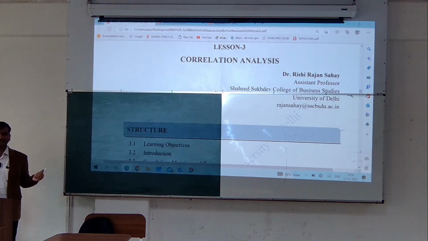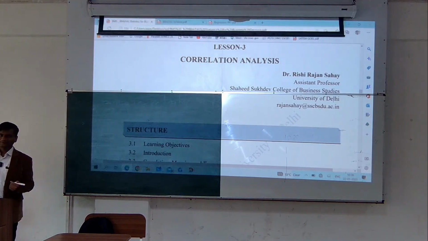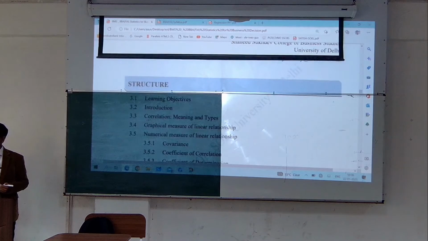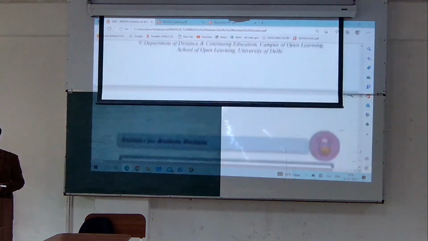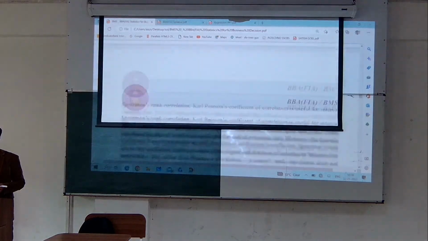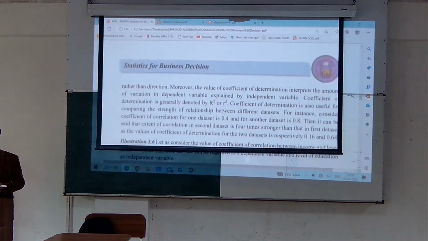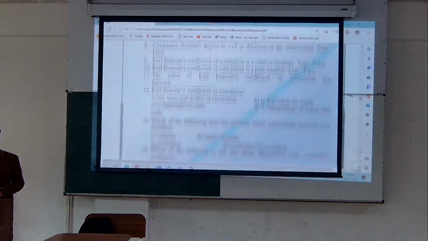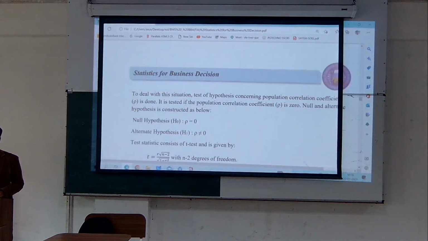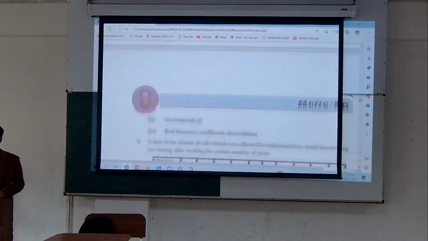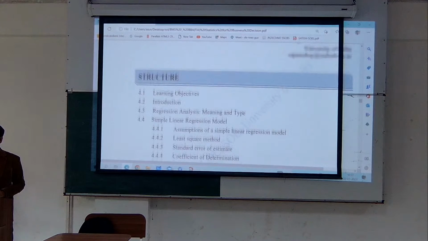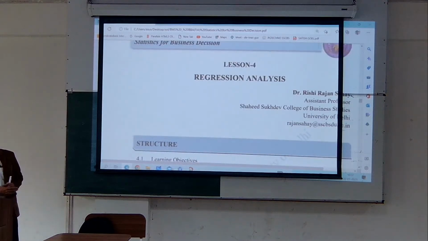Then we can start lesson 4. Now if it is already done, we can start from the regression.